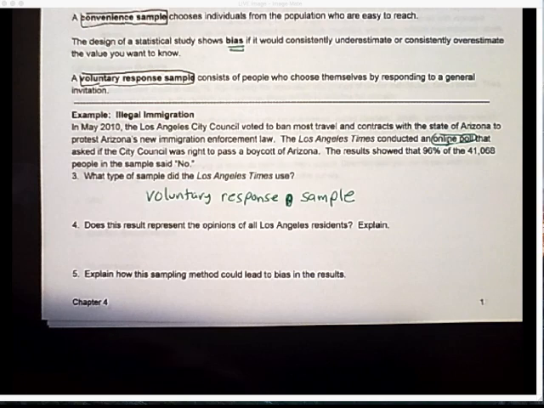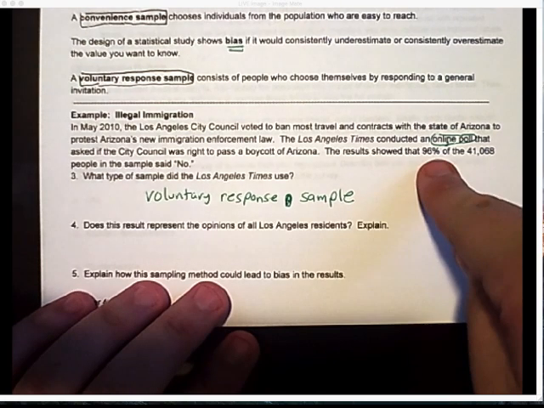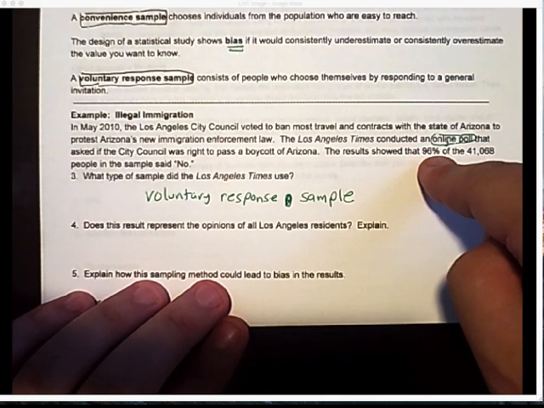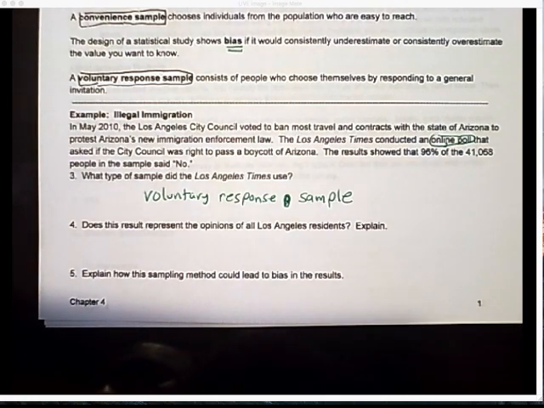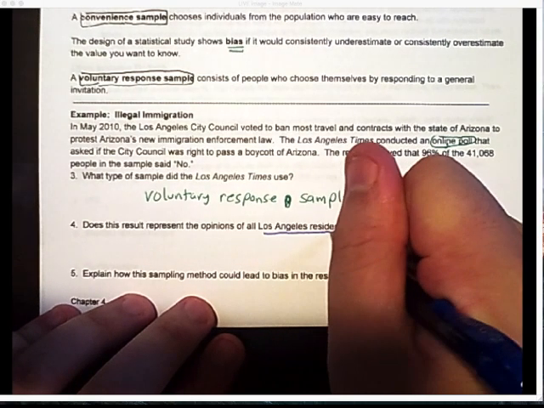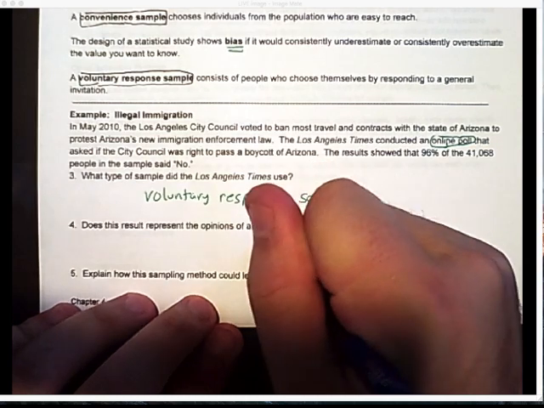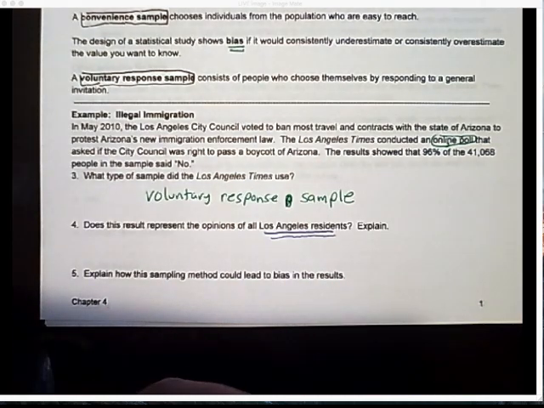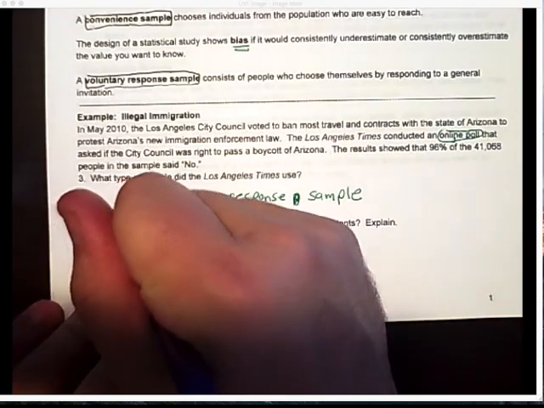Number 4: does this 96% result represent the opinions of all LA residents? Well, the only way to get the opinion of all LA residents would be to ask all LA residents. So we could say no.